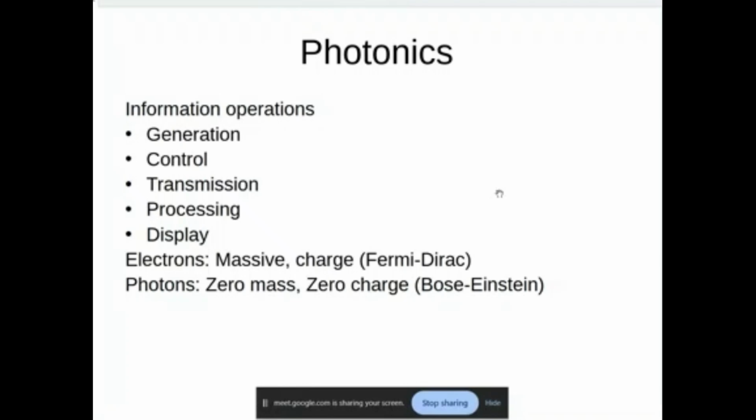And of course, you have other macroscopic properties like mass. Photons have zero rest mass, so that means their momentum can be very high compared to electrons. Similarly, there is no charge on the photons, so it's difficult to control compared to electrons. These are all the various comparative plus and minus points of electrons and photons.